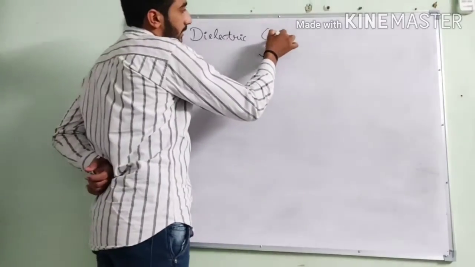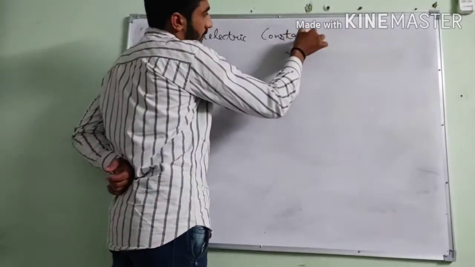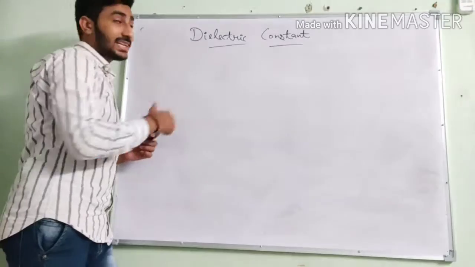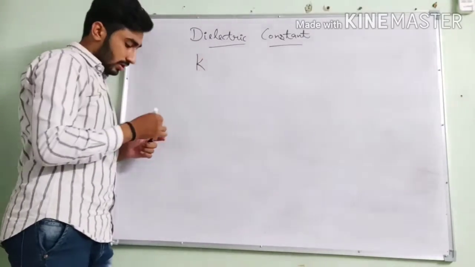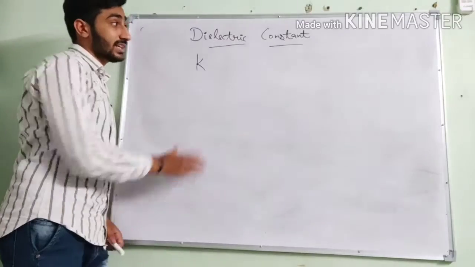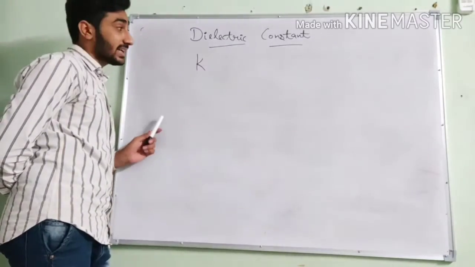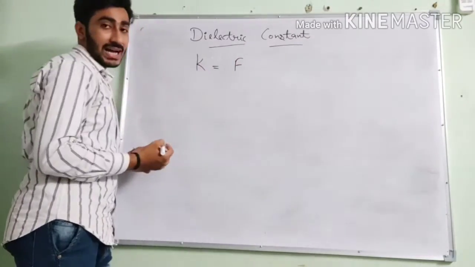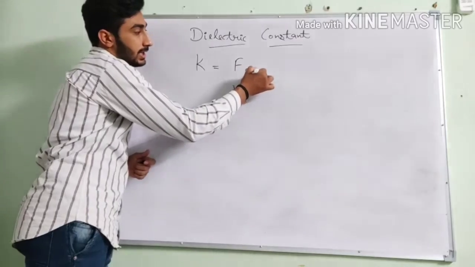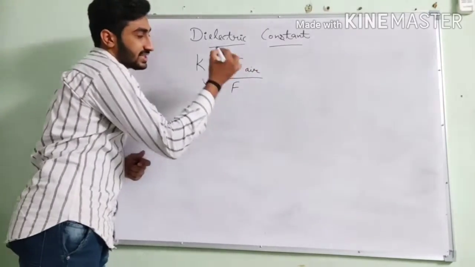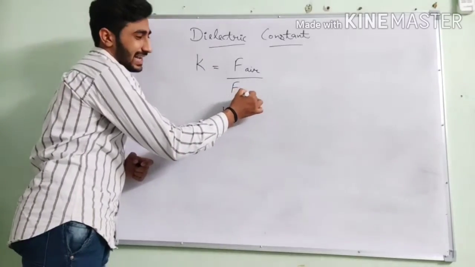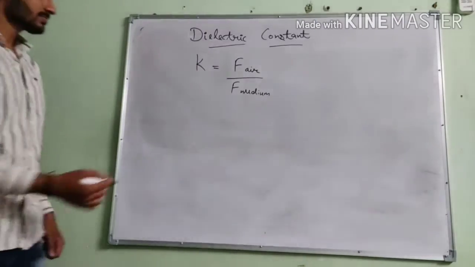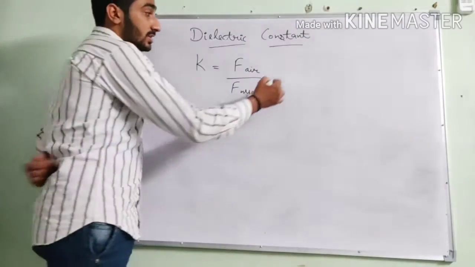Dielectric constant is simply K, not that K which we have used in the Coulombic force, not that K. It is simply the ratio of force on two charges when the medium is air, and force on two charges when the medium is any other medium.